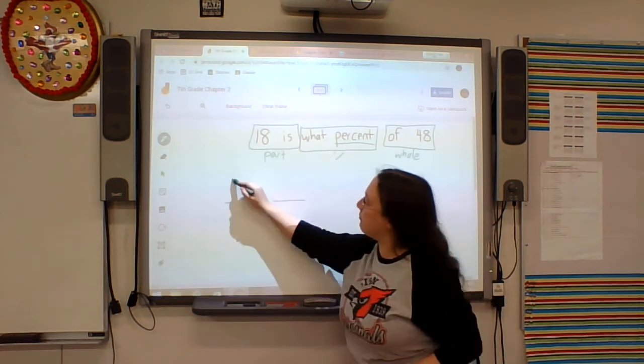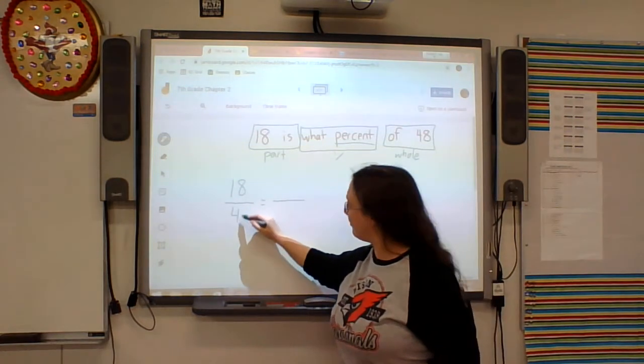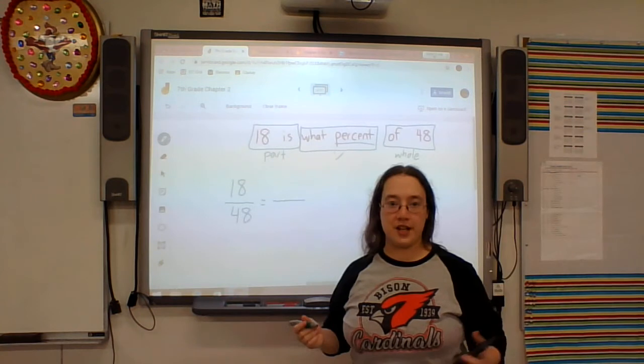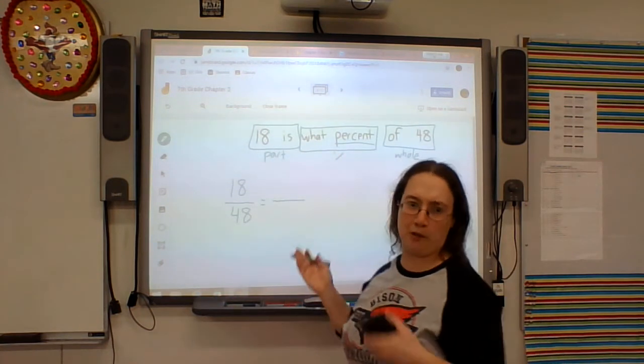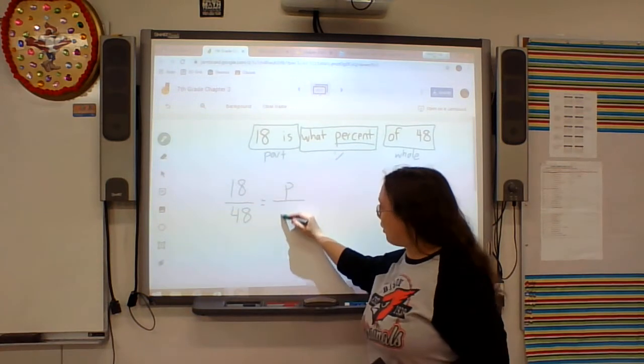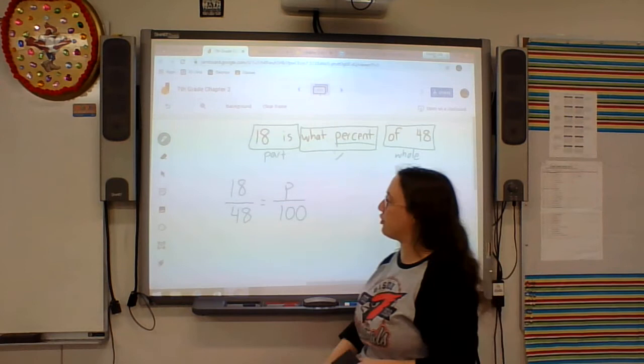So you got your part over your whole, and this time we have both of them. And we're looking for our percent. Again, whatever variable you like, I'm going to call it P for percent. And then that goes over 100. So that number on the bottom again is always going to be 100.